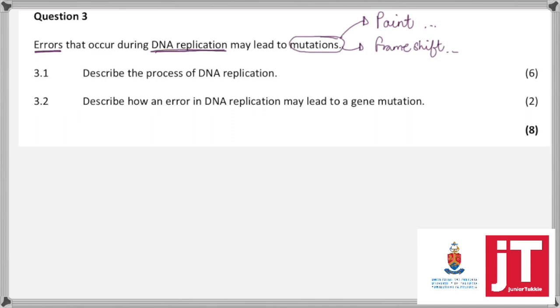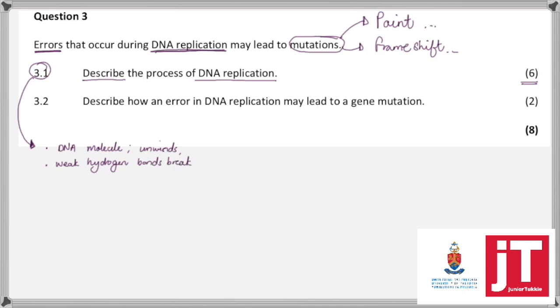If we look at this question particularly, we're describing it, and we're going to start at a point. This is where we have a DNA molecule that will first need to unwind itself in order for DNA replication to take place. After it's unwinding itself, obviously it needs to unzip, but before it can unzip, the weak hydrogen bonds need to break.